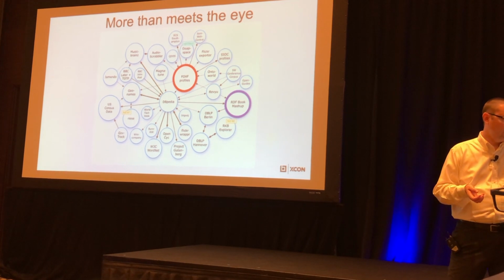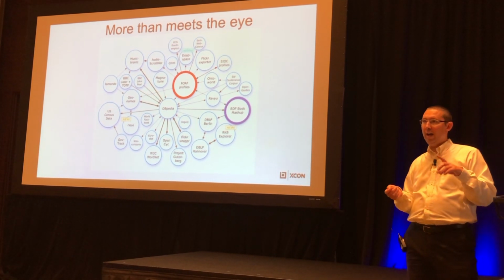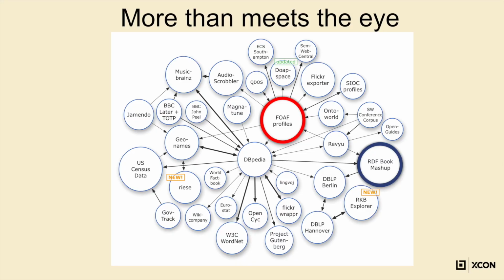Well, look, the FOAF properties file has a link to RDF book mashup. Now the link to RDF book mashup that's found in FOAF properties is broken, because you're going to take the old one out. You don't want to give 2 revisions of the same document. Similarly, the DBpedia file now has a broken link to this revised file.